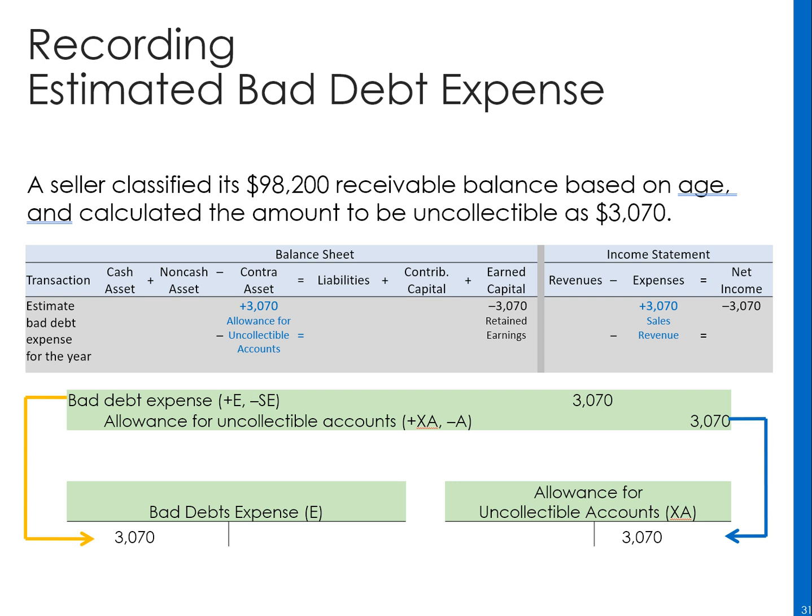Based on the analysis, we determine that the uncollectible amount will be $3,070. This can be from either the aging method or the percentage of sales method. The journal entry increases expense: we debit bad debt expense, and we credit the contra asset account, allowance for uncollectible accounts. That's it.